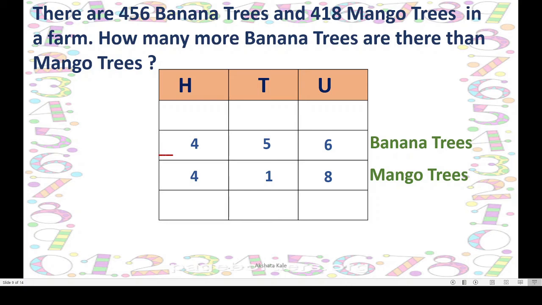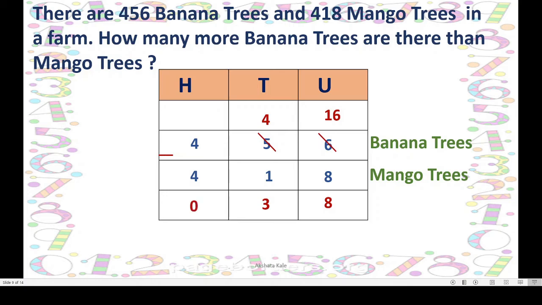Okay, now we will begin our sum. 6 minus 8, not possible. 6 borrows from 5 tens and it becomes 16. And 5 becomes 4. 16 minus 8 is nothing but 8. 4 minus 1 is equal to 3. And here 400 minus 400, that is 0.